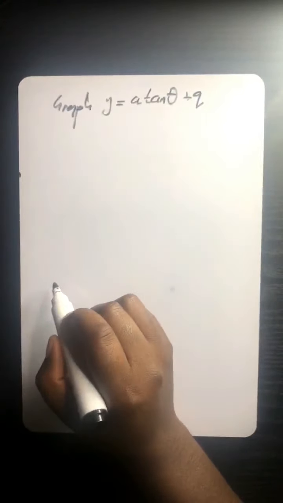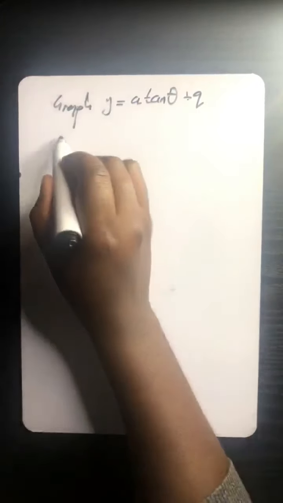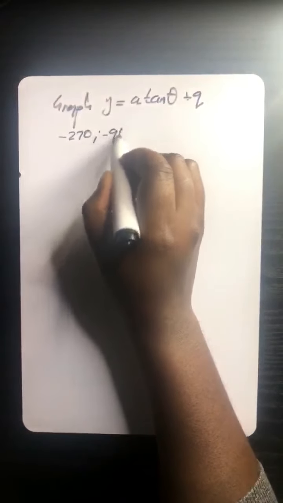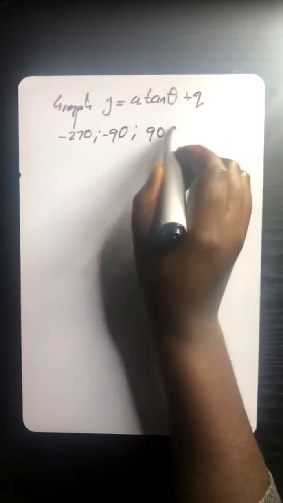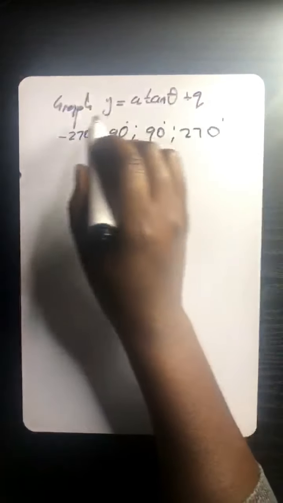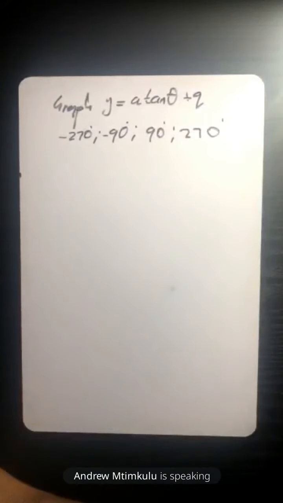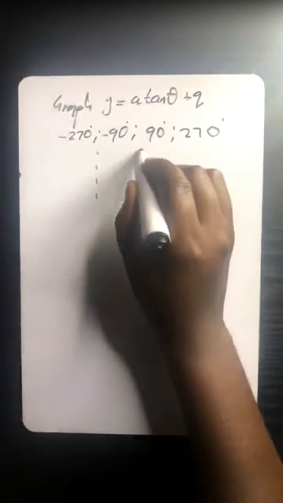You might need to remember that it has the broken lines called asymptotes at negative 270 and also at negative 90, positive 90, positive 270 degrees. You did notice that, didn't you? Those broken lines. Yes, sir.